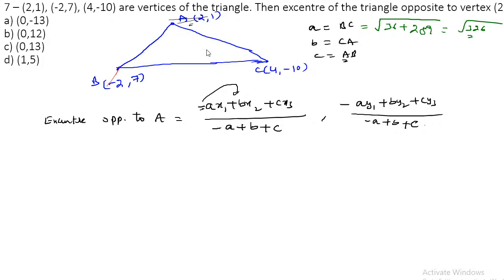Am I doing correct or wrong? Minus 2 minus 4 and 7, yeah, correct. So this is 325. And what is root 325? I think I did something wrong.